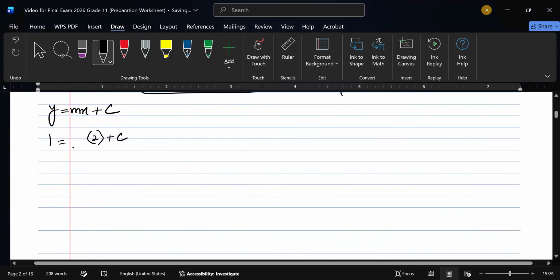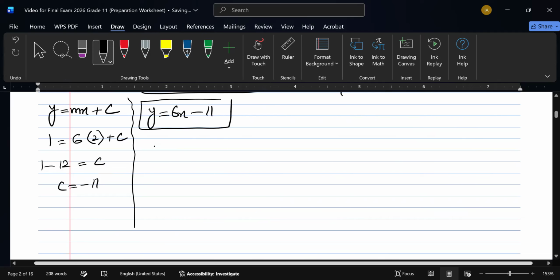This is going to be 6. 1 minus 12 equals c. So c is going to be negative 11. Thus, the equation of the tangent will be y is equal to 6x minus 11. This is the equation of the tangent.